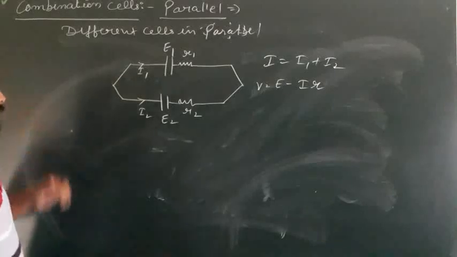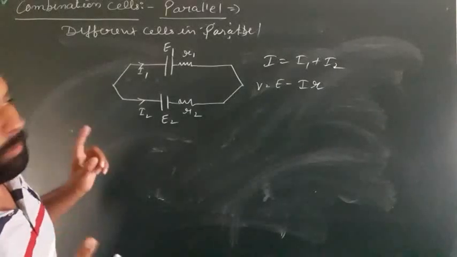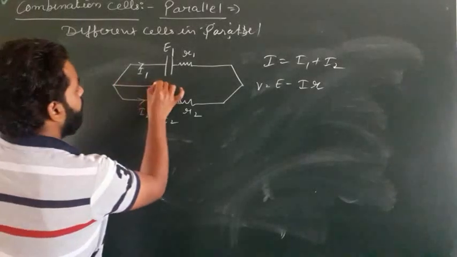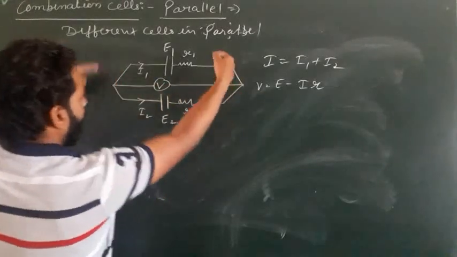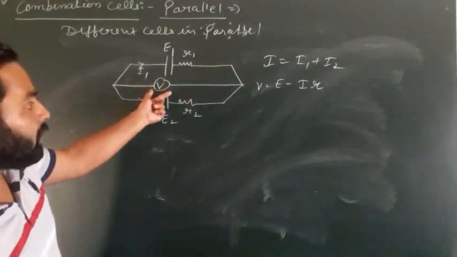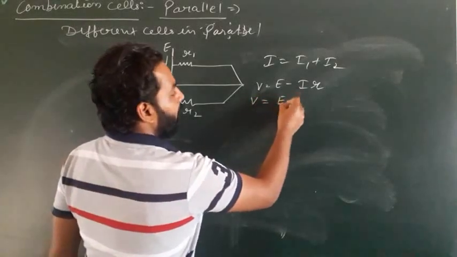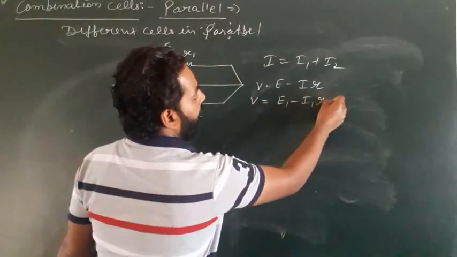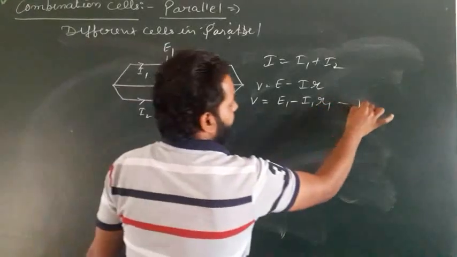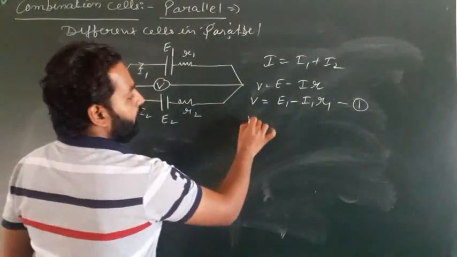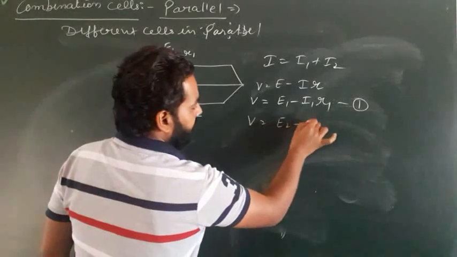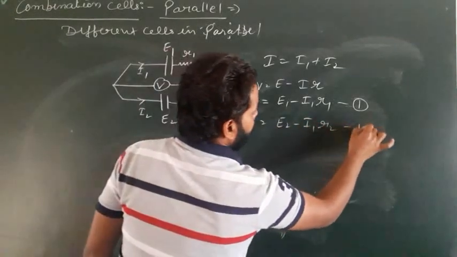We also know that the V for the parallel combination is the same. So if V is the potential for both cells and both are combined in parallel, their V is the same. So V is equal to E1 minus I1 R1 for the first cell, and similarly V is equal to E2 minus I2 R2 for the second cell.